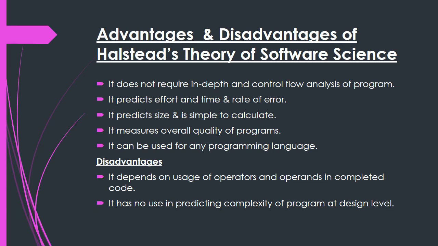In the design phase we are only creating the blueprint, or the architecture, of the software program. So this can be used only after writing the code, after converting the design into implementation, because only on the basis of source code can we find the token count.